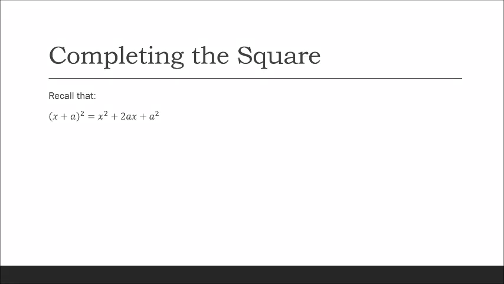So recall that (x + a) squared is equal to x squared plus 2ax plus a squared. Where that comes from, for those of you that need a bit of a refresher: if I was to do (x + a) squared, I get (x + a) times (x + a), and this gives me x squared plus ax plus ax plus a squared.